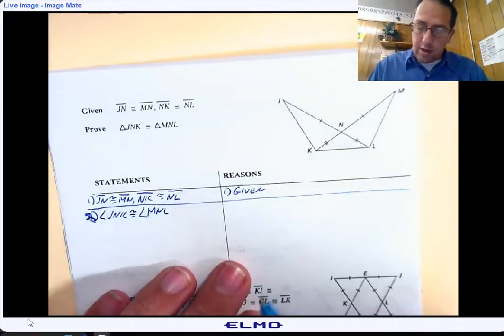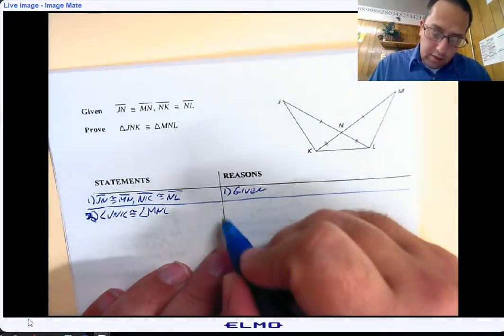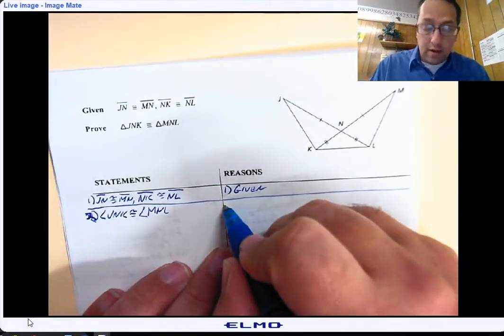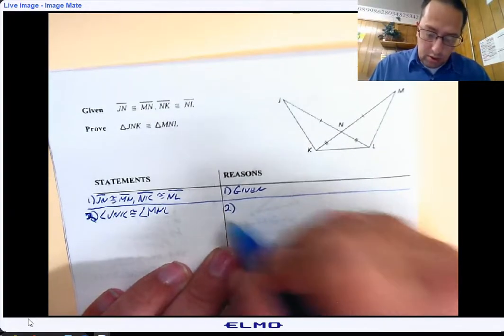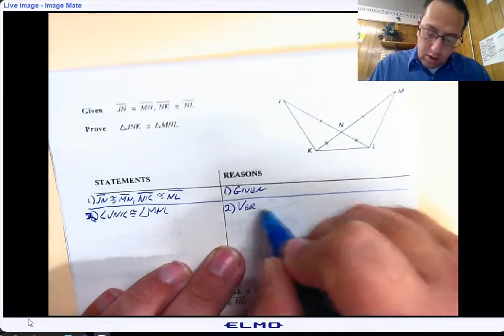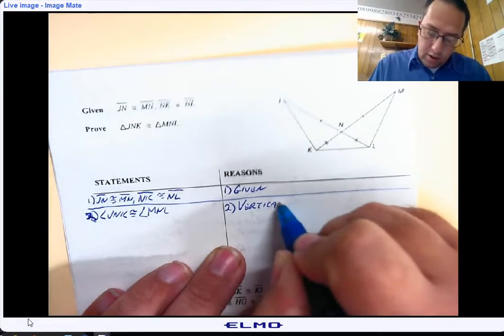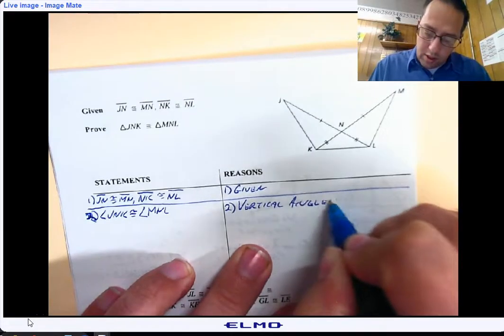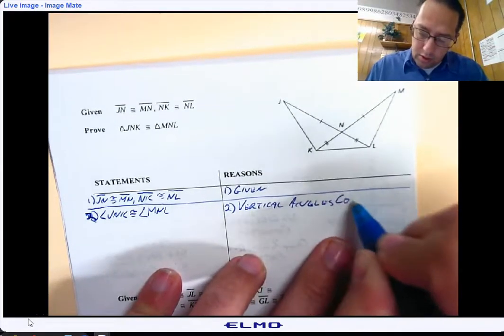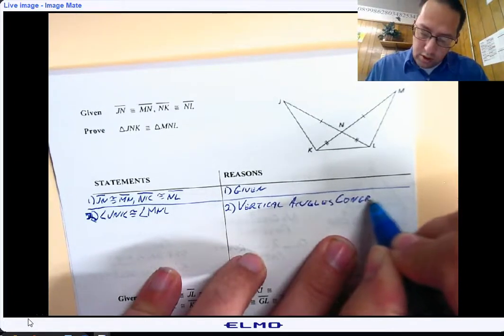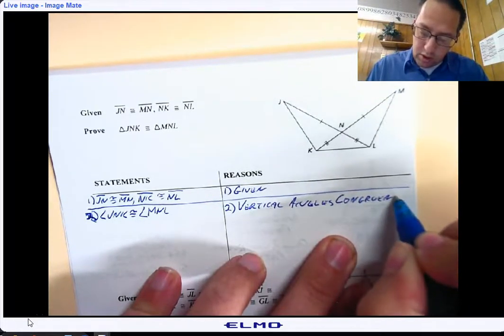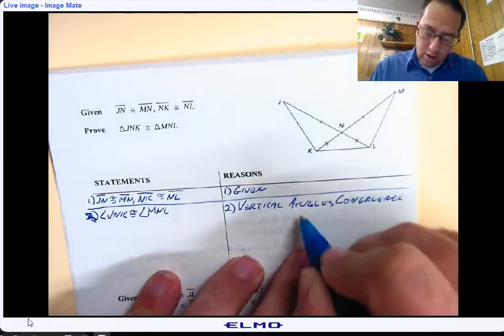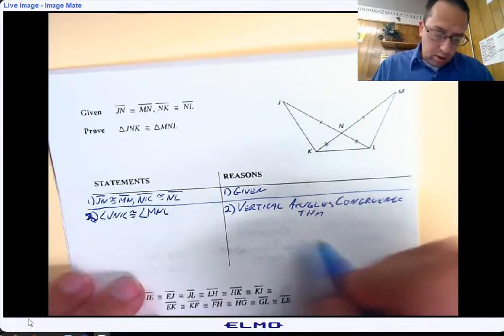Why? Because they are vertical angles, and this is the vertical angles congruence theorem, THM.